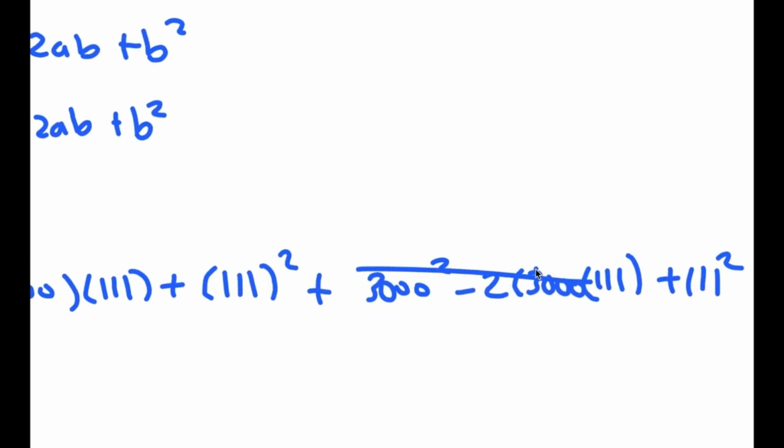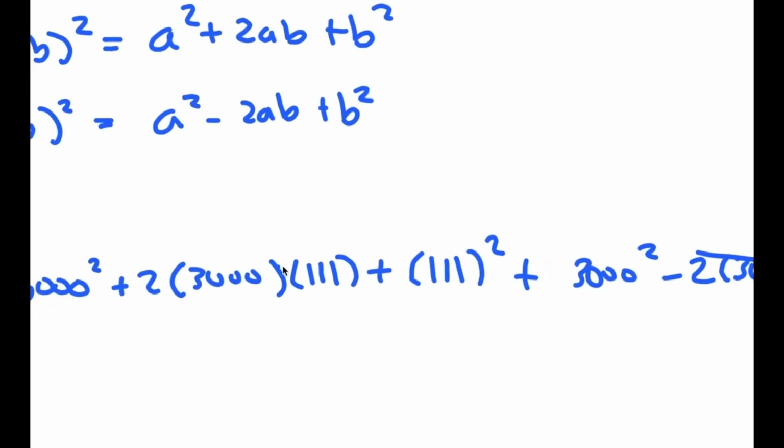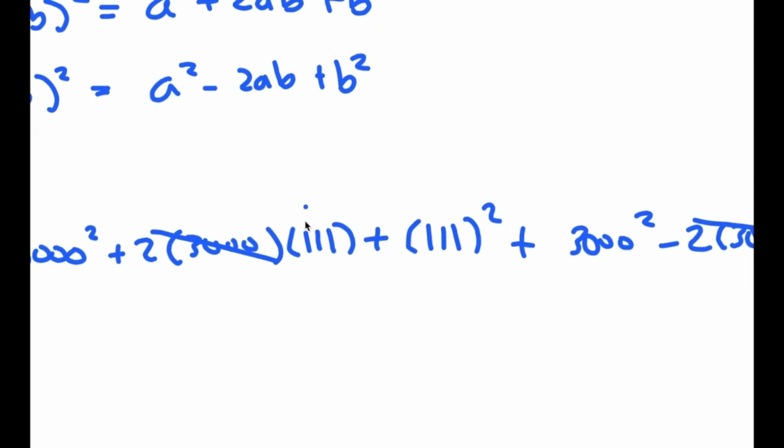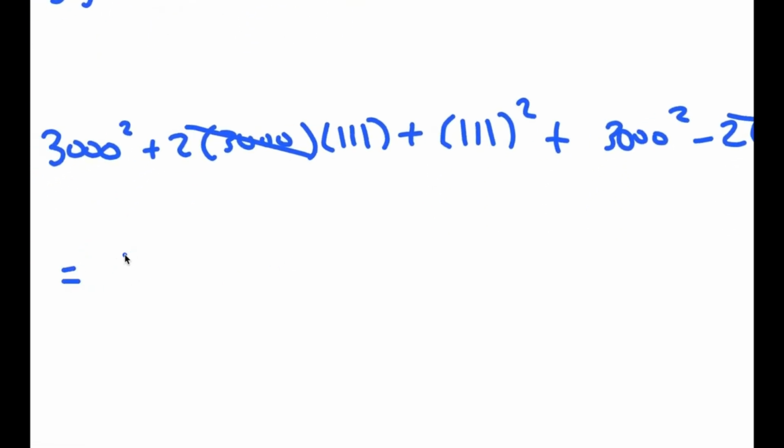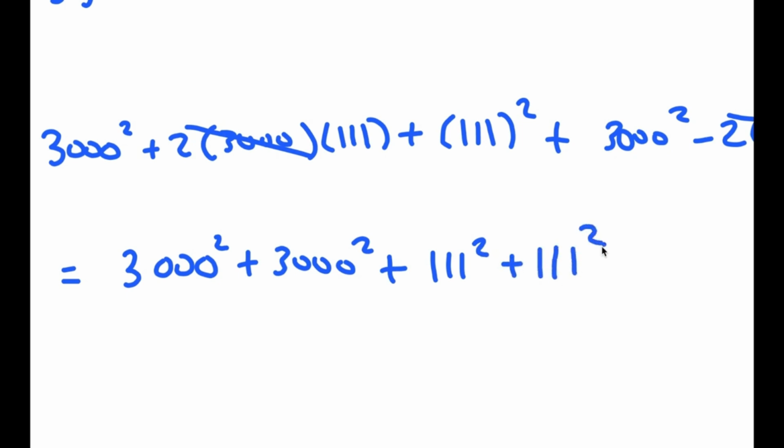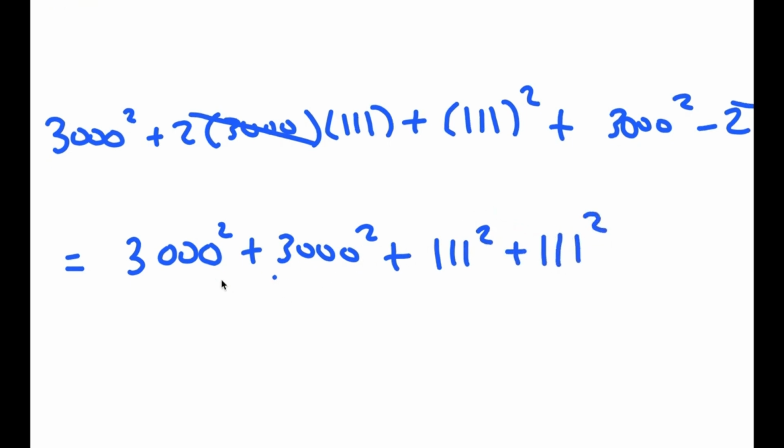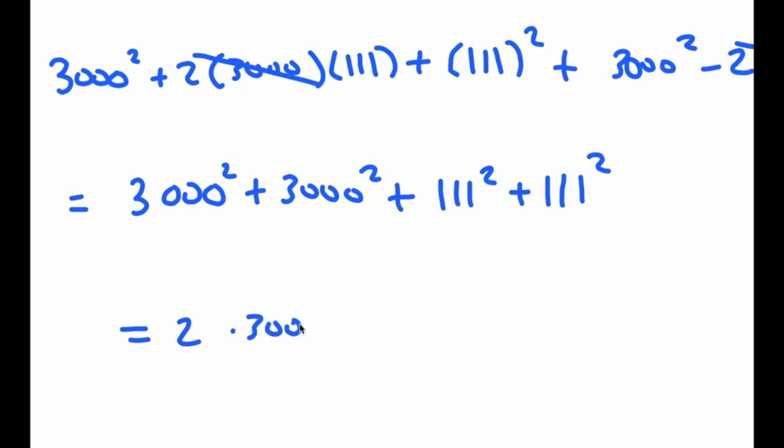So these two, negative 2 times 3,000 times 111 and positive 2 times 3,000 times 111 cancel out. So I'm left with 3,000 squared plus 3,000 squared plus 111 squared plus 111 squared, which is the same thing as 2 times 3,000 squared plus 2 times 111 squared.